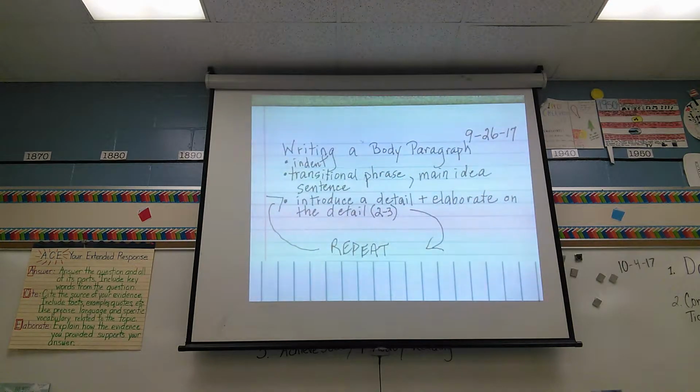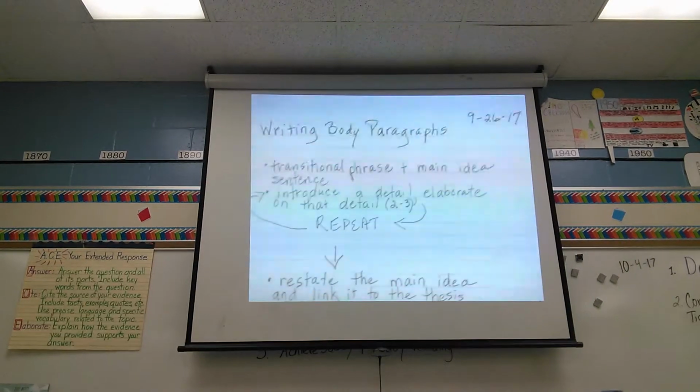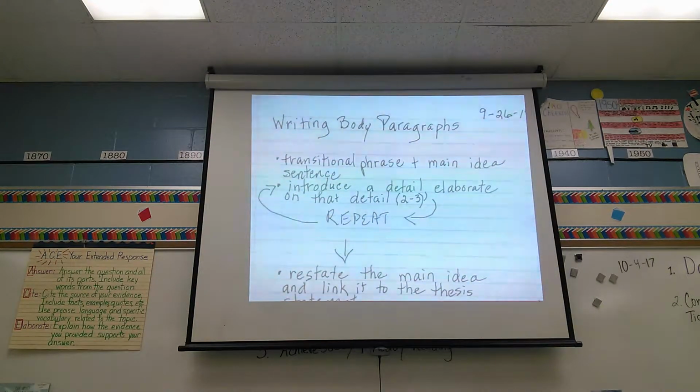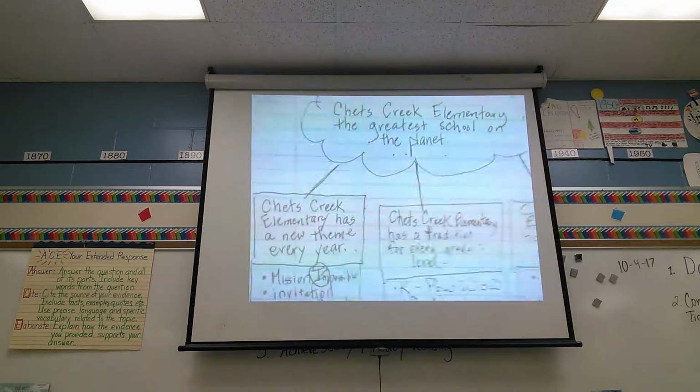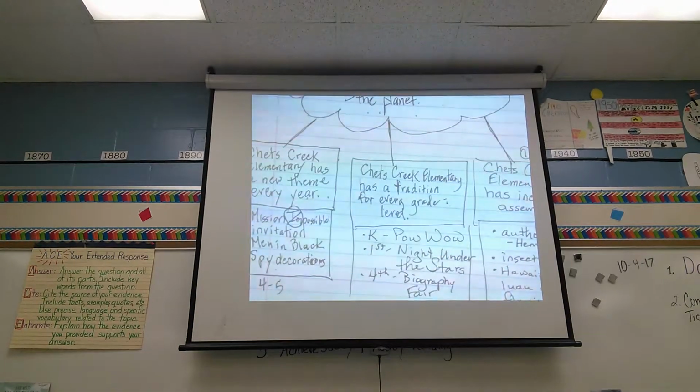Okay, so what do we do next? Well, once we've done that, we have to go ahead and support our main idea by elaborating. So we want to introduce our first piece of information. We go back to our planning sheet and we look at our bullets.